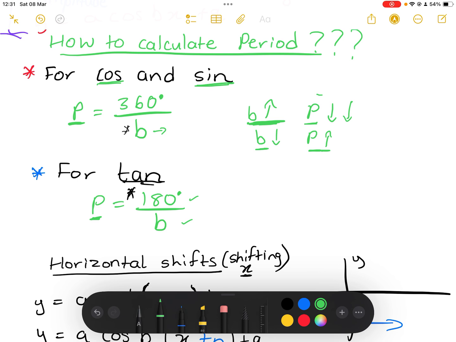Remember, please remember, for tan, the period is 180 divided by b. Do not use 360. If you use 360, goodbye to your dreams of being an engineer, doctor, accountant, or tourist or anything like that. Remember, use 180 divided by b.